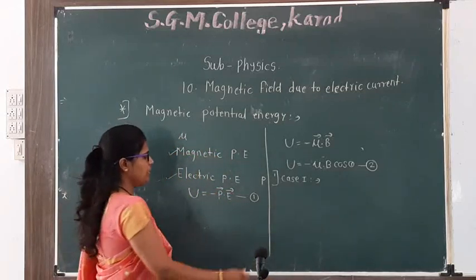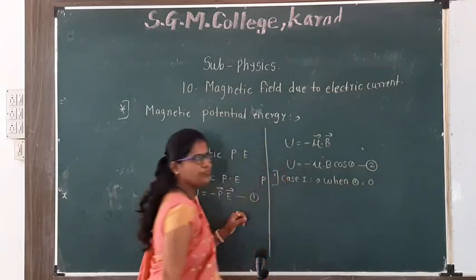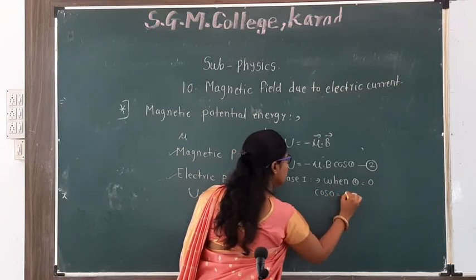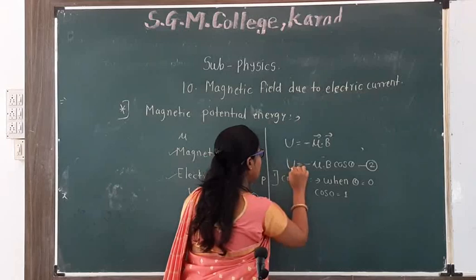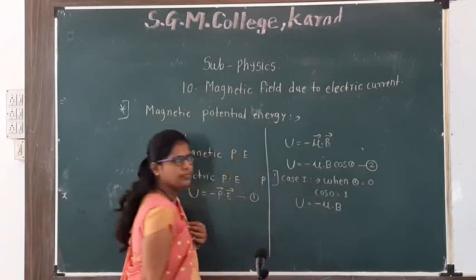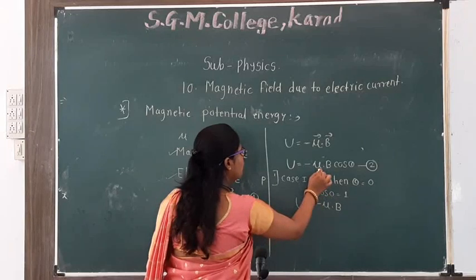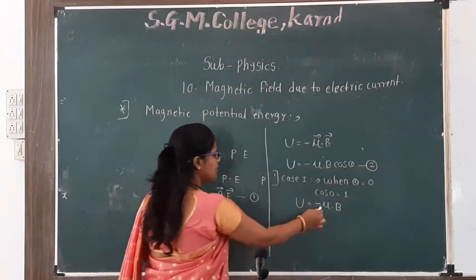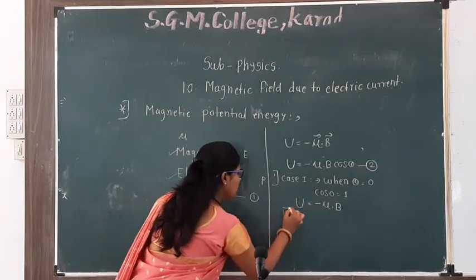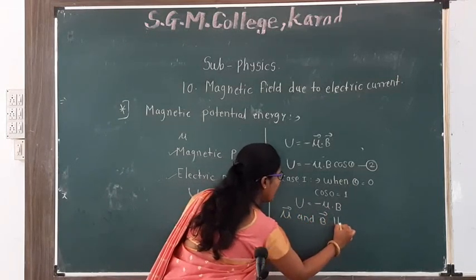The case number first here, when theta is equal to 0. Now cos 0 is equal to 1. So in this equation, magnetic potential energy U is equal to minus mu B cos theta, where theta is the angle between vector mu and vector B. The vectors mu and B are parallel to each other.